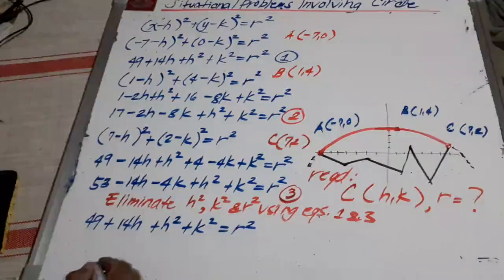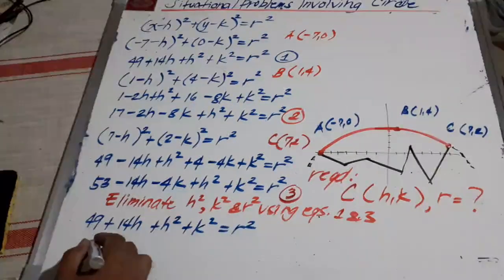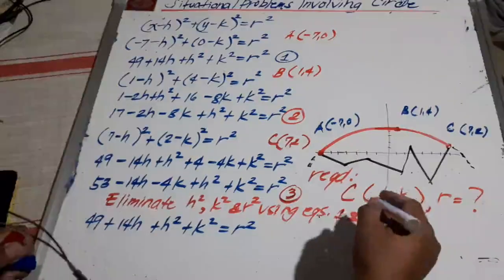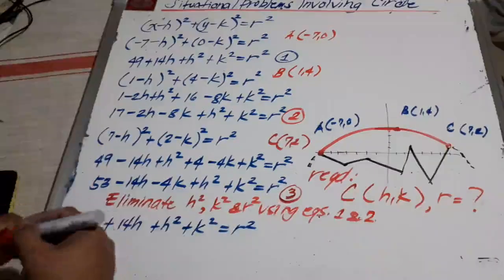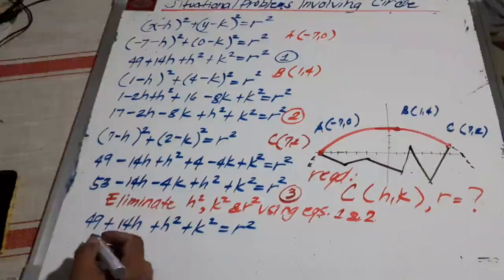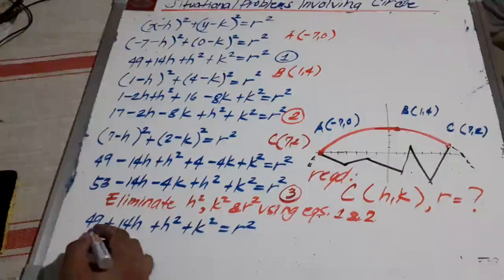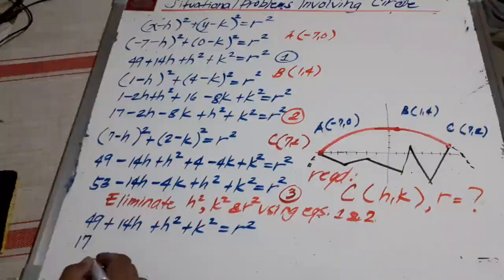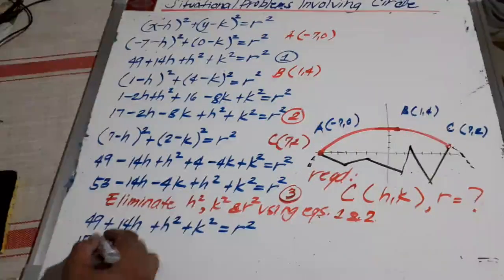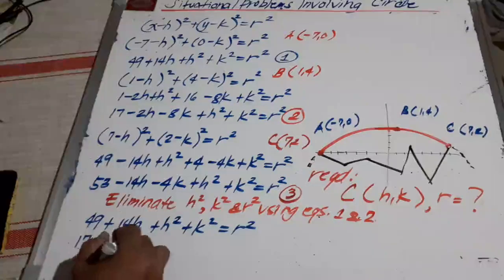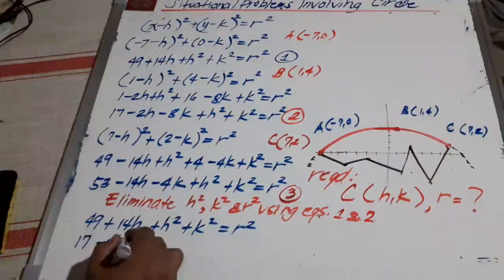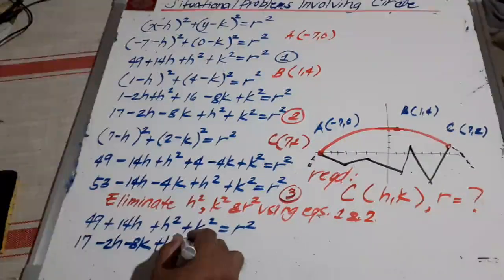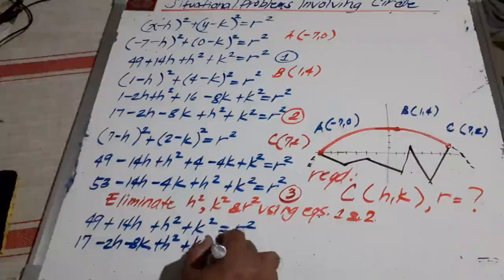And equation 2 is 17 minus 2h minus 8k plus h squared plus k squared equals r squared.